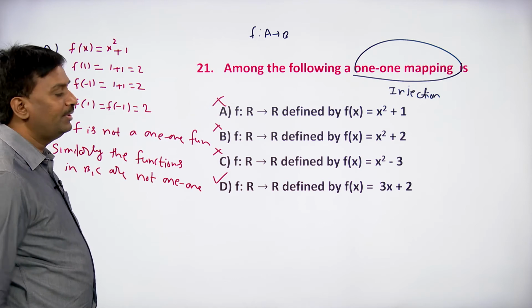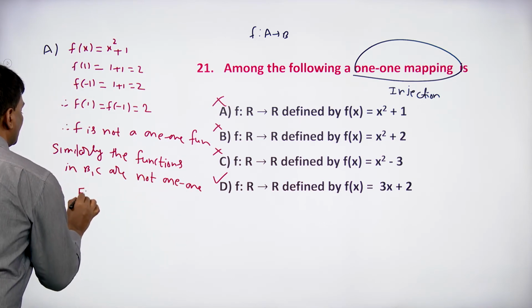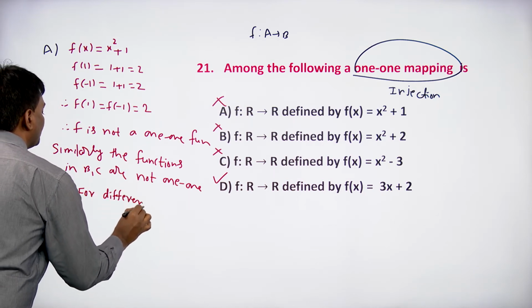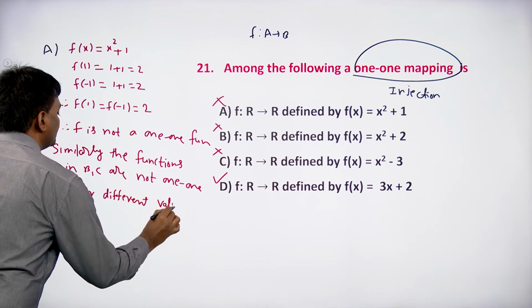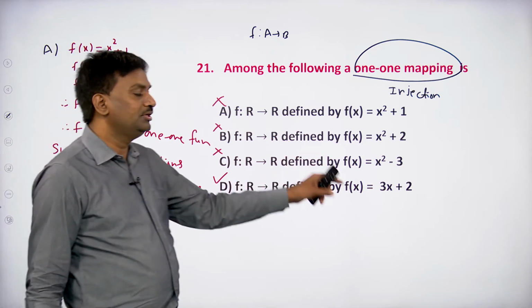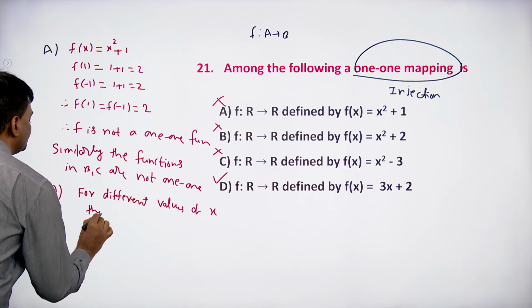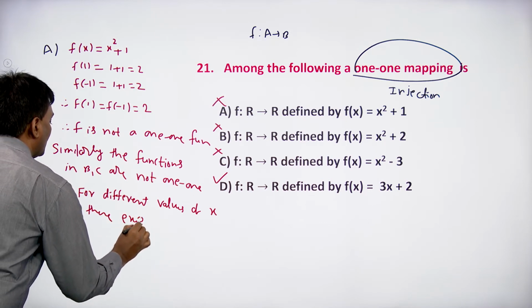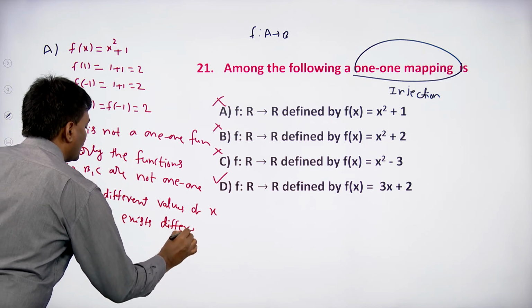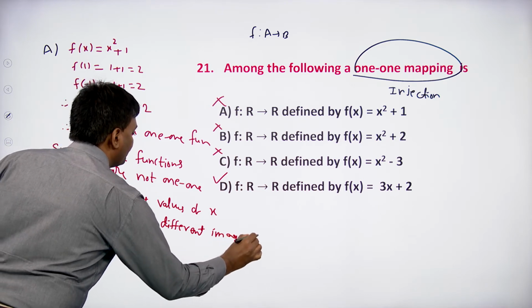So, for all x belonging to R, for different values of x, with f of x equal to 3x plus 2, there exist different images of f.